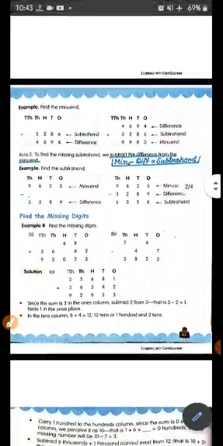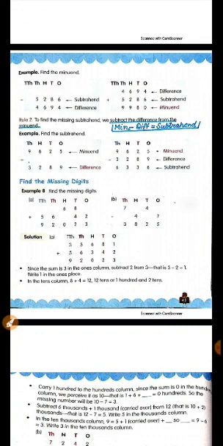Okay, so when we have to find minuend, we will simply add the difference and the subtrahend. This is the first rule or the first way to find the minuend or the greater number.